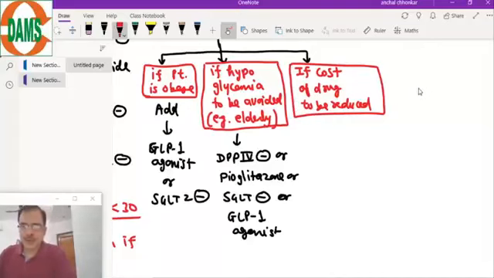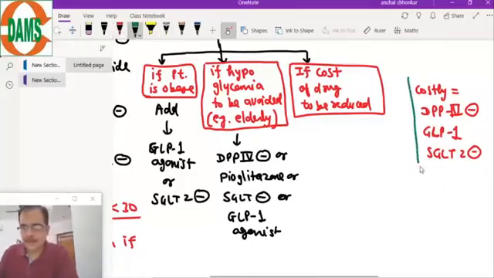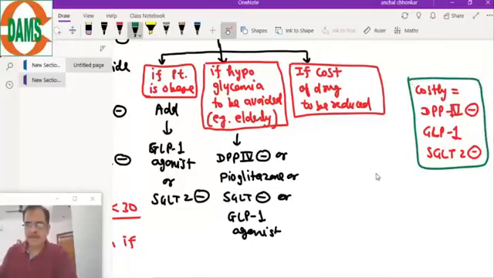because costly drugs are DPP4 inhibitor, GLP-1 and SGLT. These are very, very costly drugs.